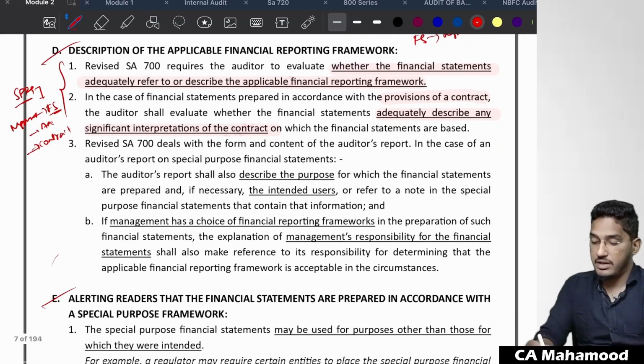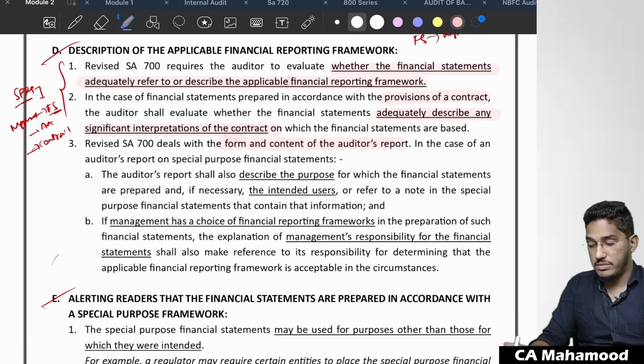And SA 700 deals with the form and content of the auditor's report. In case of an auditor's report on special purpose financial statements, now they are talking about the auditor's responsibilities. The auditor's report shall also describe the purpose. In your audit report, you have to clearly say for what purpose these financial statements are prepared, and if necessary, who the intended users are.